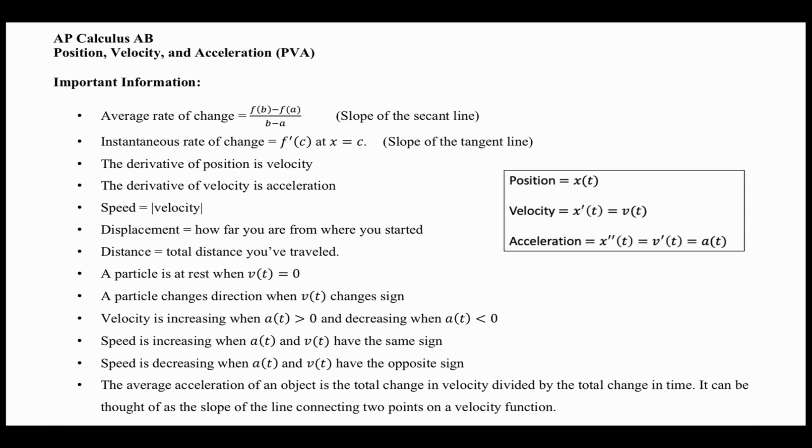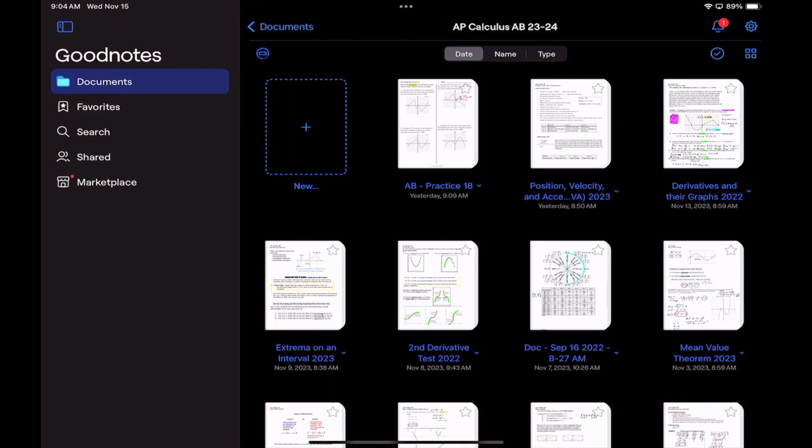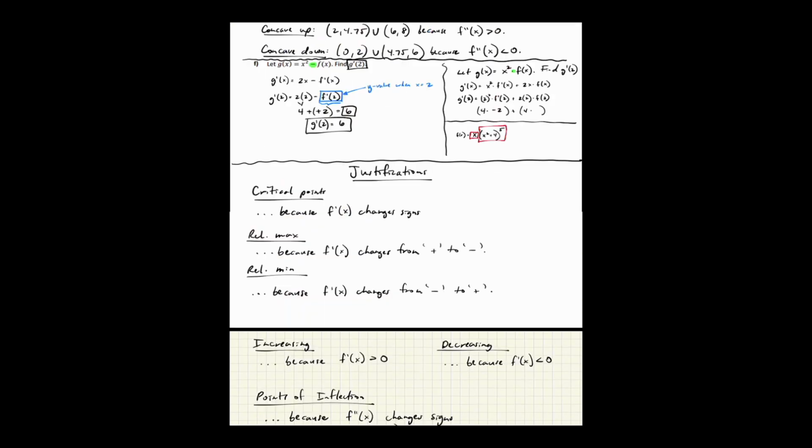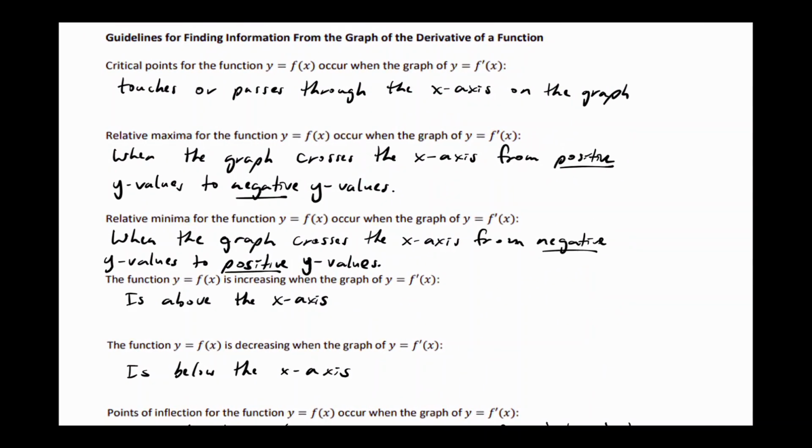Okay? So that first page that you have in front of you is kind of your cheat sheet. Remember last section, we made a cheat sheet so we know where to look on the graphs.